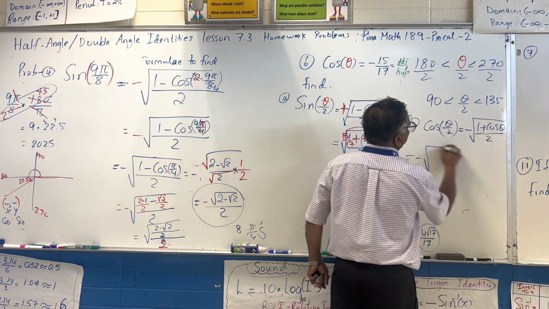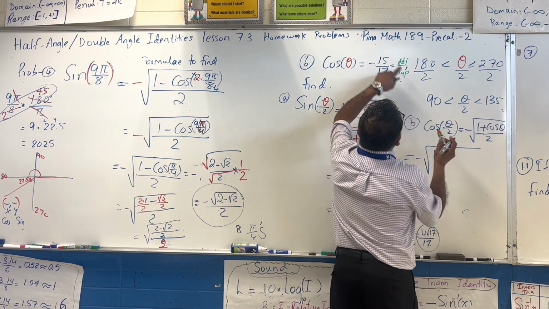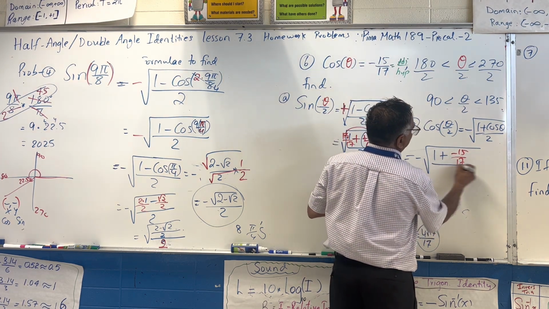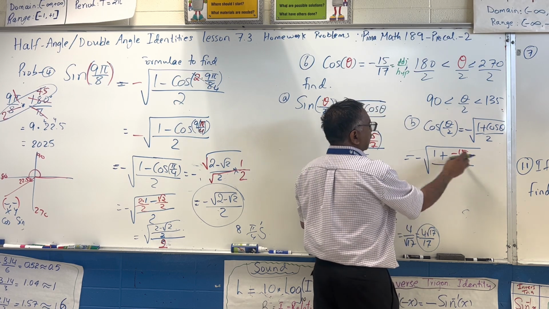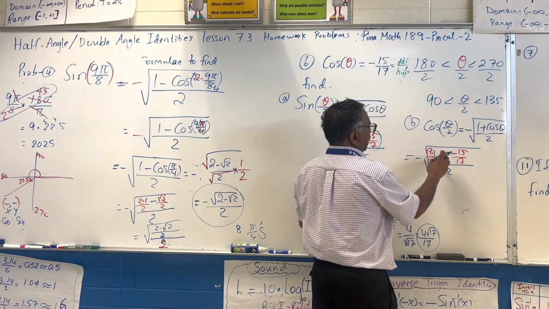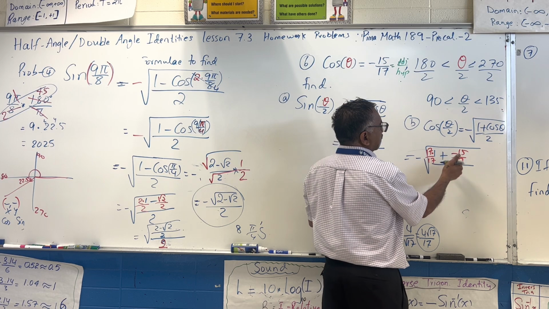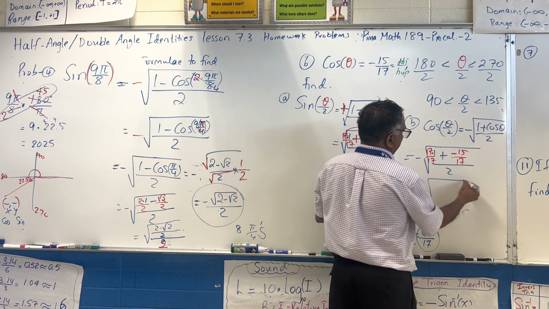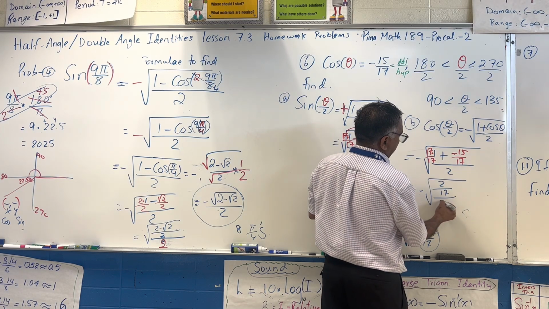So that equals 1 plus the same minus 15 over 17, divided by 2. Again you multiply by 17, and then 17 minus 15 gives you 2. So you get 2 over 17, divided by 2.